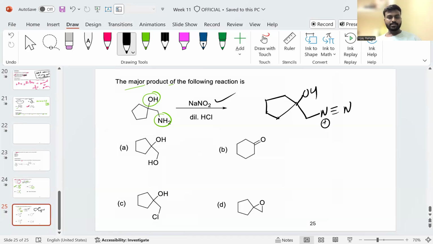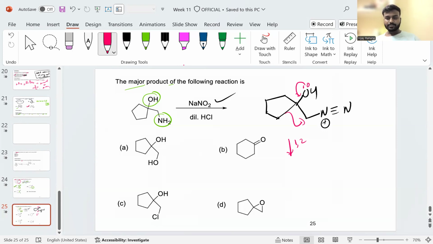And what will happen now? We have the hydroxy group, and at the alpha position there is an N2 group. So the lone pair on the hydroxy group goes here, and a 1,2 migration of this bond takes place.